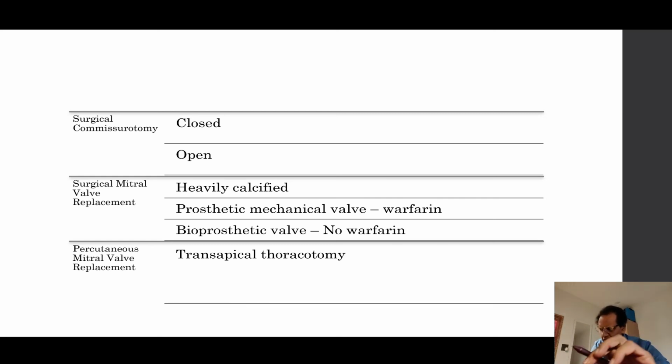Surgical commissurotomy, closed and open, both are there, but these days because of a lot of involvement of the chordae tendineae and the apparatus being so deformed, mitral valve replacement is the only choice many a times left with the surgeon. Prosthetic mechanical valves, warfarin is the problem.